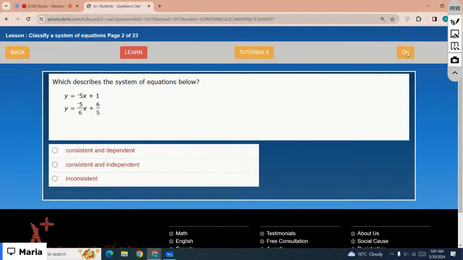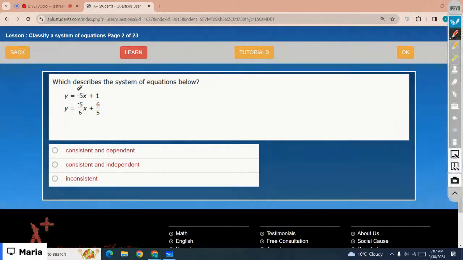Okay, the next one is which describes the system of equations below. The first equation is y equals negative 5x plus 1, and the second one is y equals negative 5/6x plus 6/5, right? So both equations have different slopes, right?